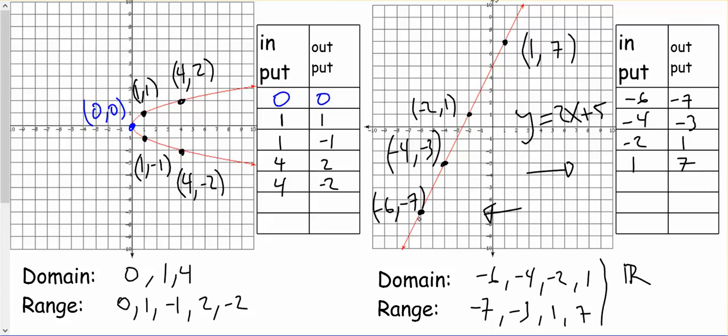For our range, as we move to the left, we keep getting lower and lower, so that's going to negative infinity. As we move to the right, we're going higher and higher, so that's going to positive infinity. So our domain and range are both all real numbers. And you'll get that for all linear equations: your domain and range is all real numbers.